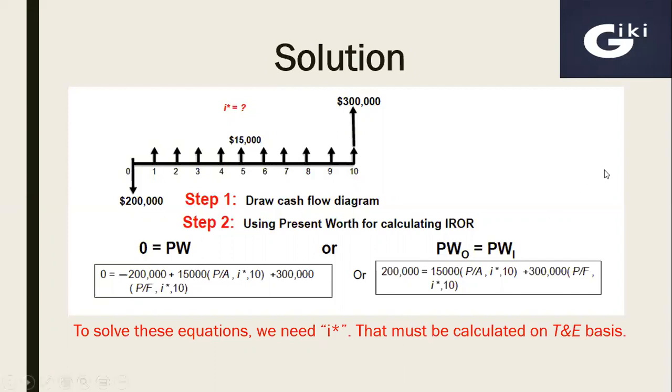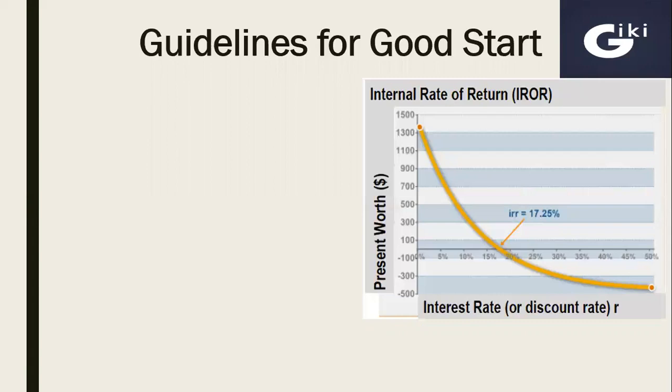To solve these equations, we need rate of interest or rate of return that must be calculated on the basis of trial and error. For the first try, we need a good guess to start with, and guidelines for good start.